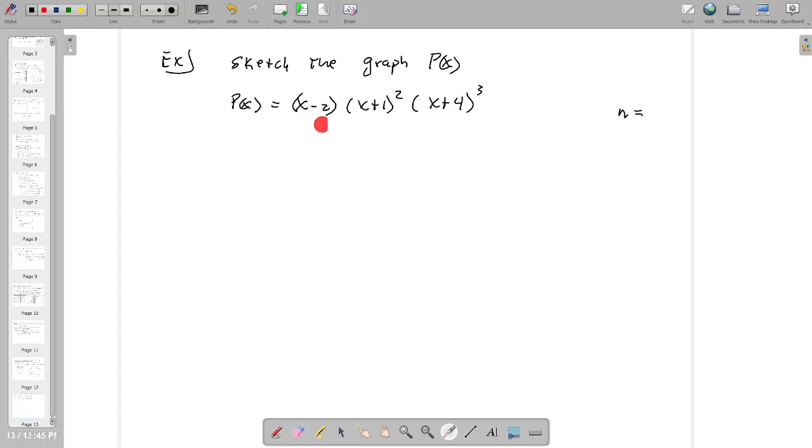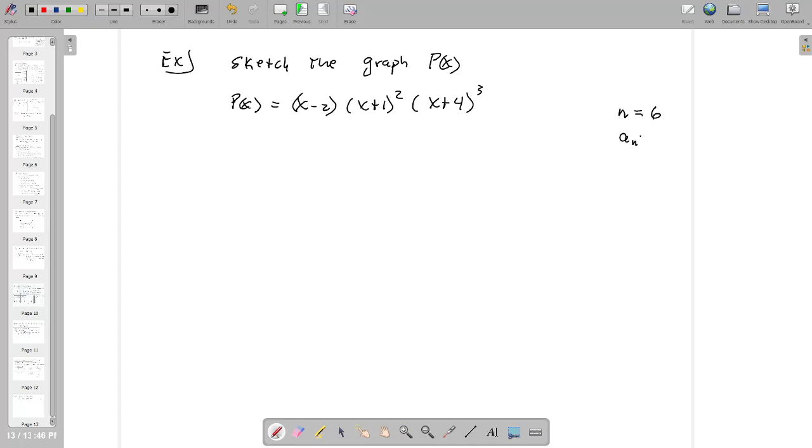So when we multiply everything together, we would have an x cubed times an x squared times an x to the first power. So we just need to add up all of the degrees: x to the first, x squared, and x cubed. So we would actually have degree 6.